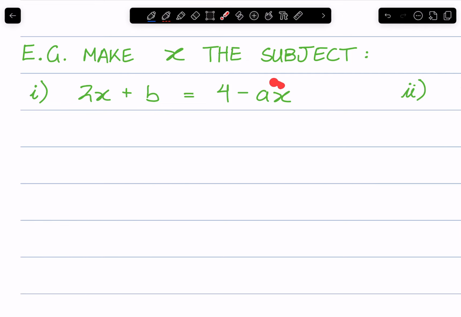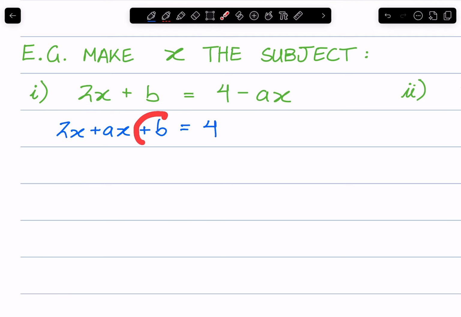For this, notice that we have an ax here, or an x term, and another x term here. Whenever we see this, we need to bring it all to the same side of the equation. So we're going to add ax, so we get 2x plus ax plus b equals 4.